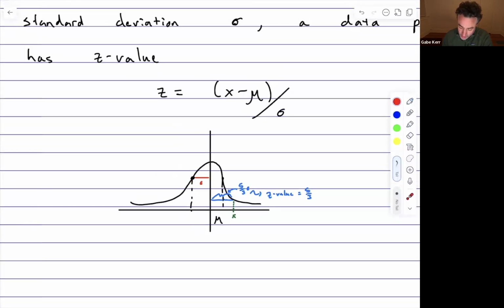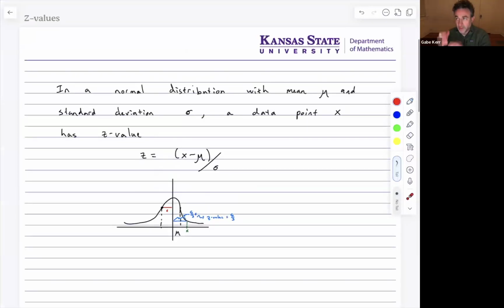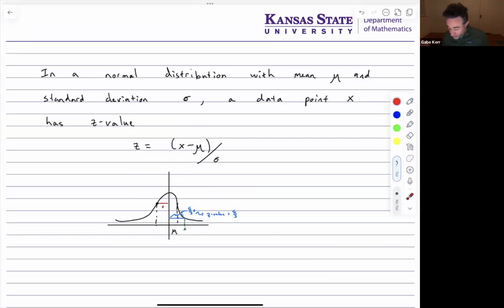Okay, so the z-value gives you a good sense. And remember, we have these rules, this 68, 95, 99.7 rule.